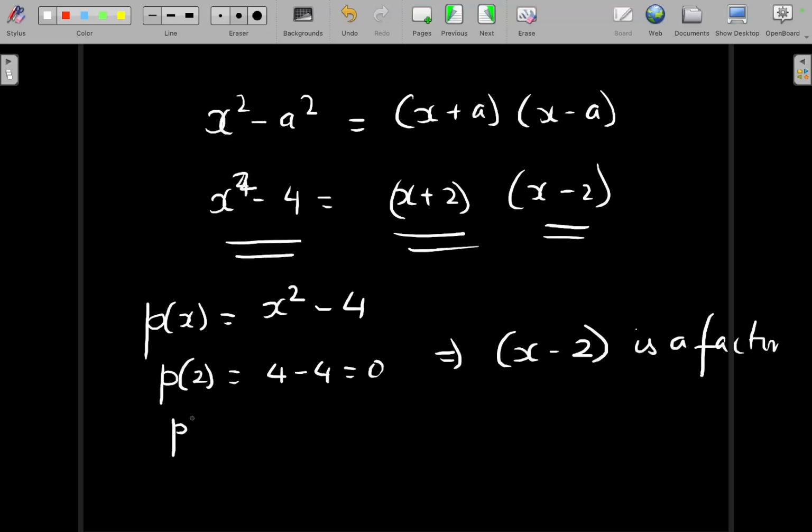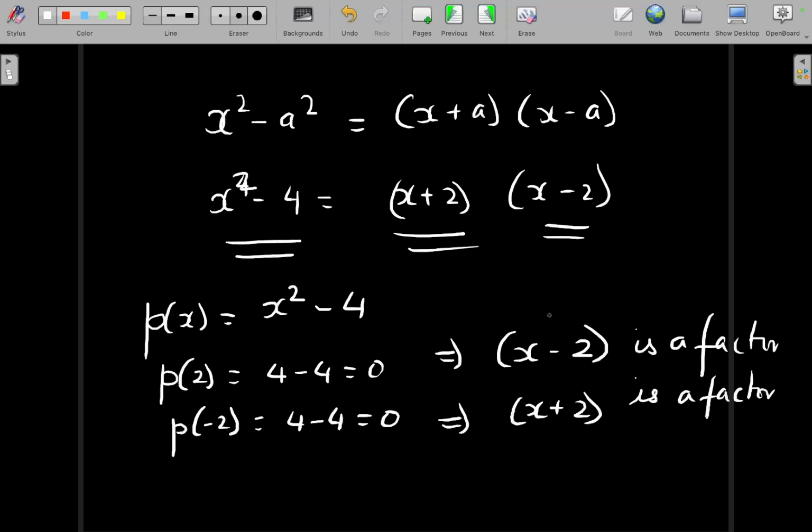And you also see that p of minus 2 is again 4 minus 4 equal to 0, which means by the factor theorem x plus 2 is a factor. Indeed, these two are factors. So I hope that you know what the factor theorem is now.